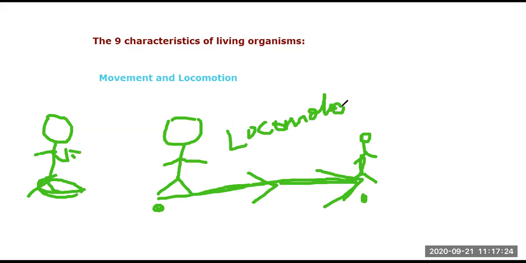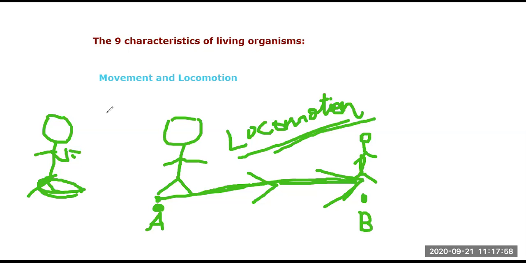When you move a body part and also change your location, that is locomotion. In this case, he has changed his position or location from point A to point B, so you can say that he has done locomotion.